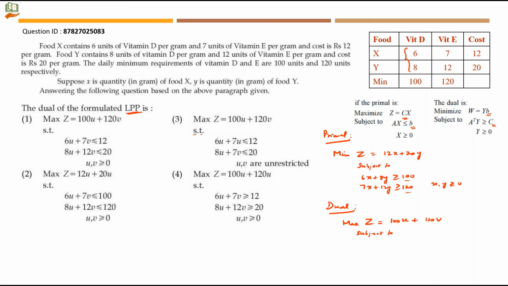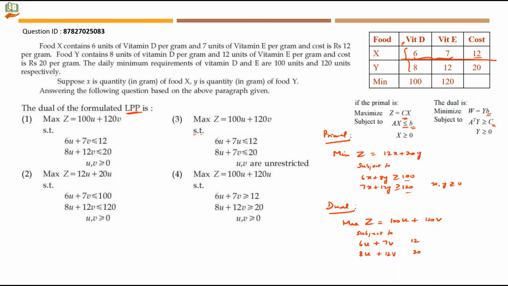For the primal we went column wise. For the dual you have to go row wise and then equate it to the objective function variable coefficients: 6u plus 7v, and then we will have 12 here. Then we have 8u plus 12v, then we have 20. What will be the inequality here?